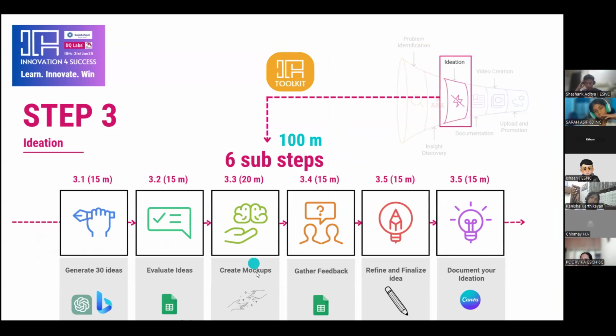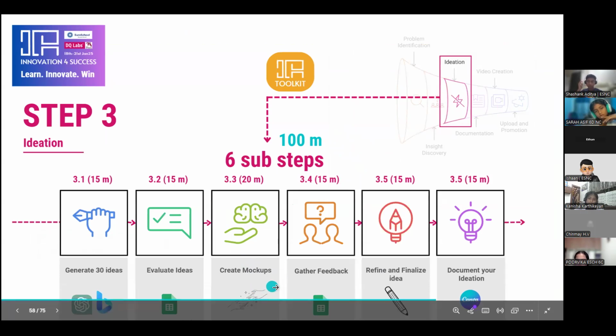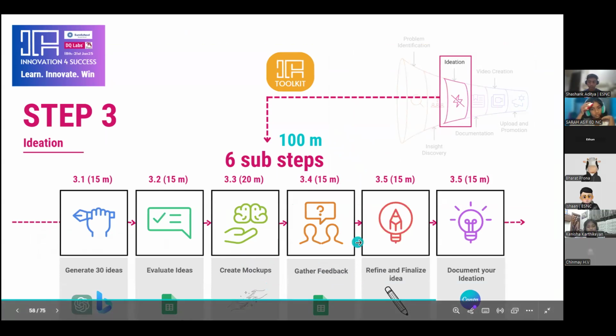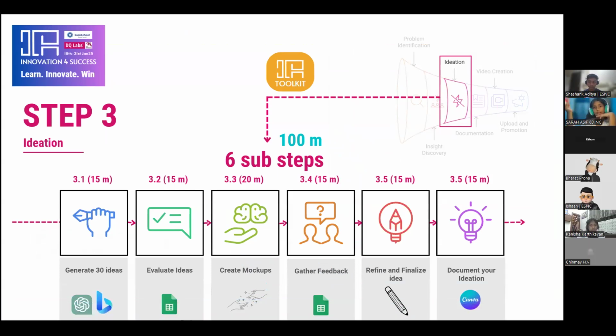So once you create a couple of sketches and mock-ups, it's time to gather feedback and decide which you think is the best possible idea. Once you narrow down on your idea, you can start refining it and finalizing those ideas. The important outcome of this step is to document the process.